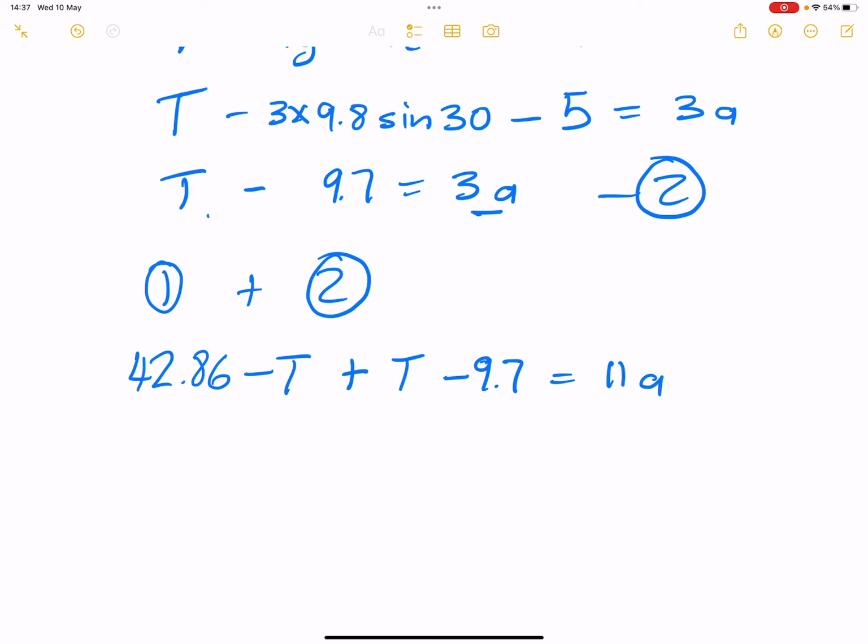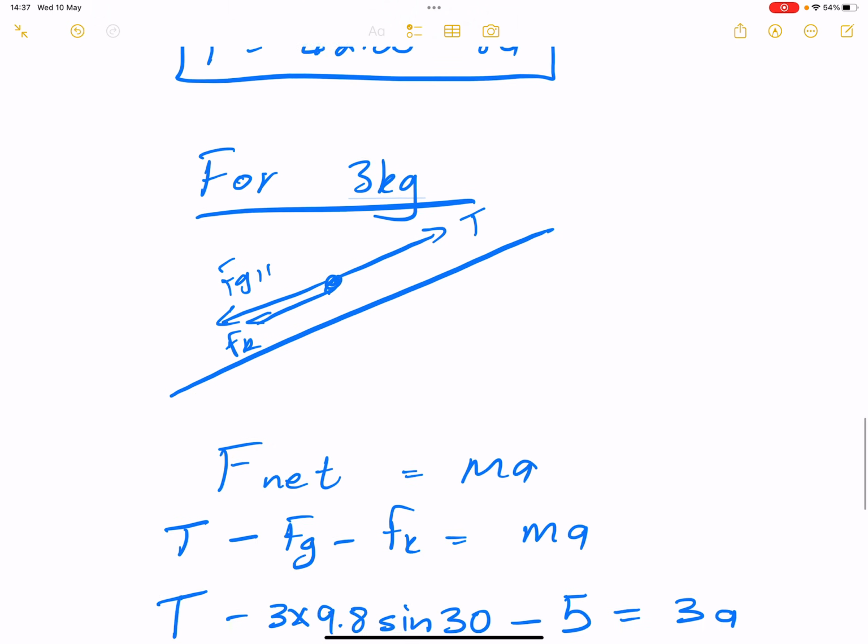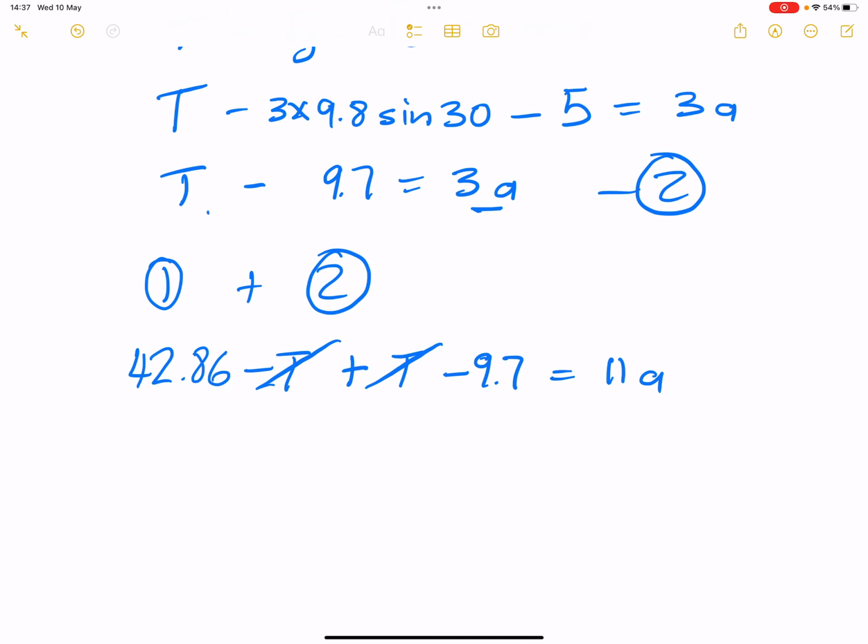Note what happens if you did things the right way. You should be able to get those T's cancelling out. What that gives you is the value of the acceleration, ladies and gents. Yes, I understand that's not what we were asked for.